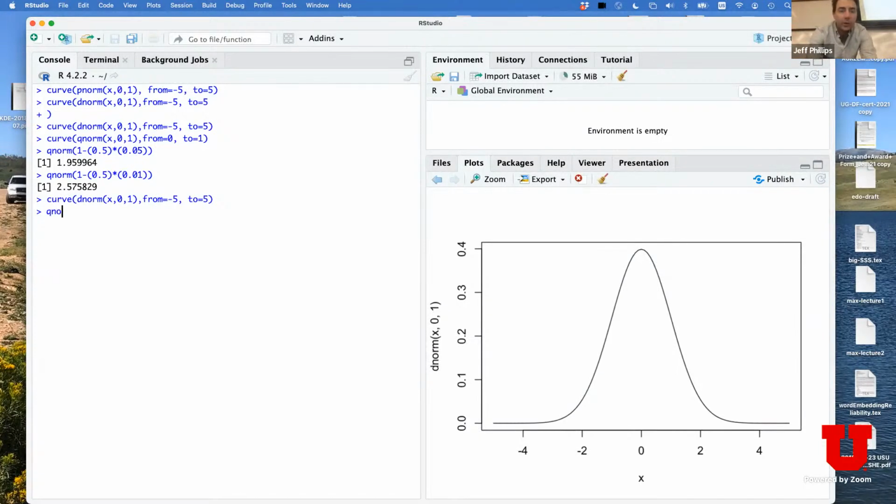If I do qnorm of 1 minus 0.05 times 0.5, because I divided it in half, that's 1.959964, about 1.96. So this is Z alpha over 2. Alpha was 0.05, and I multiplied by 0.5. If I wanted the 1% associated value, I get about 2.58. So somewhere in there. These are just values I would use. I can plot here.